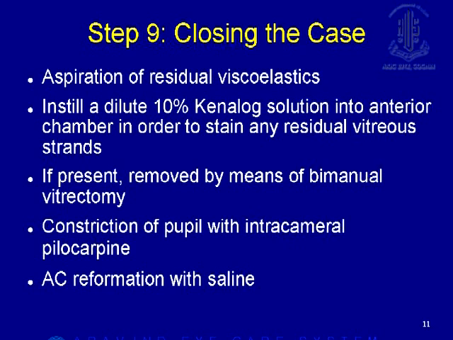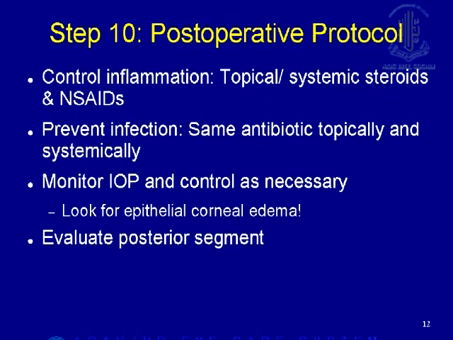and reform the chamber. But most importantly, I think my good friend Shivakumar will cover in detail, is talking to the patients, telling them what happened, telling them about the post-operative recovery, and then treating them very intensively with topical and systemic steroids and non-steroidals to prevent cystoid macular edema and other complications, and closely evaluating their posterior segment and intraocular pressure is very important.